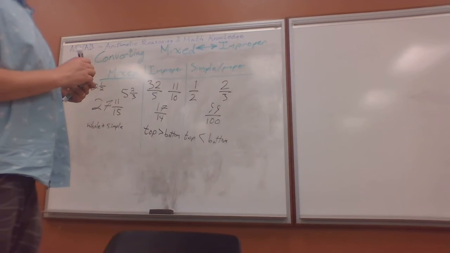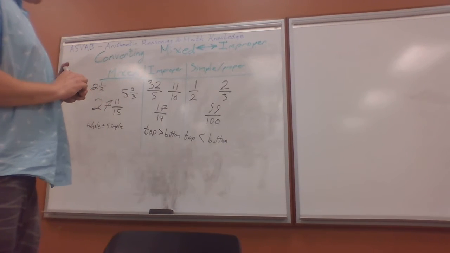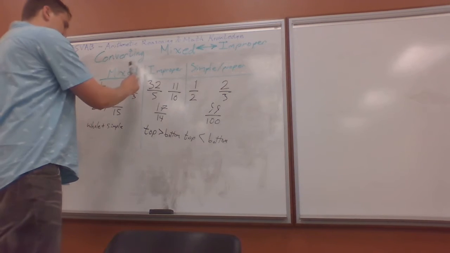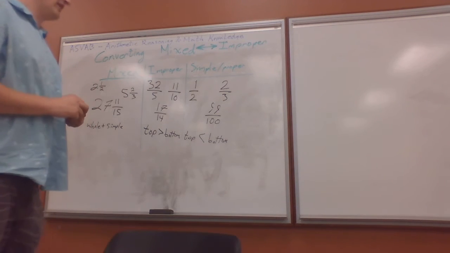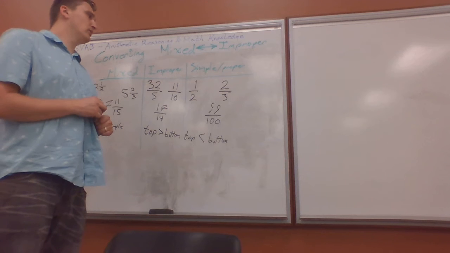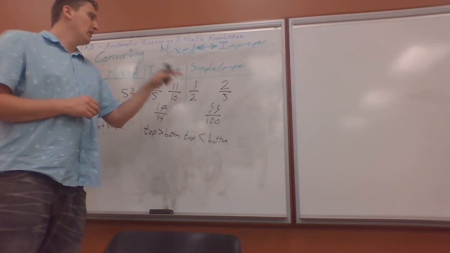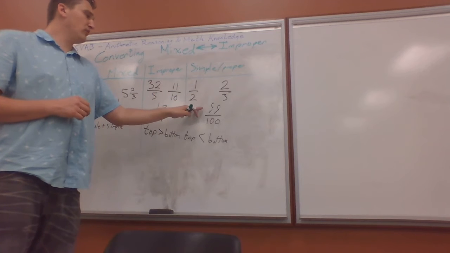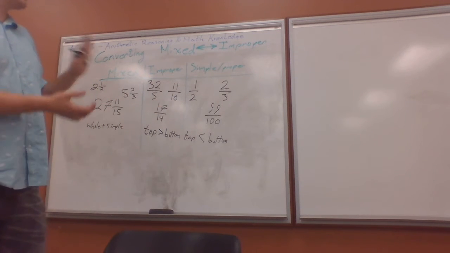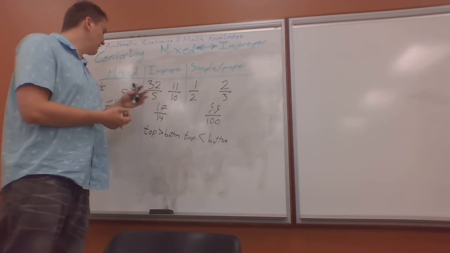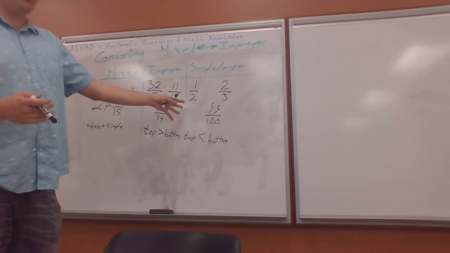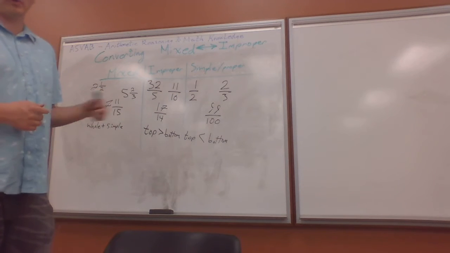All right, so what we're going to be mostly focusing on is how to convert between mixed and improper. There is no need to convert simple to mixed or improper. You actually would not be able to convert these to a mixed fraction, because there is no whole part on the simple or proper fractions.